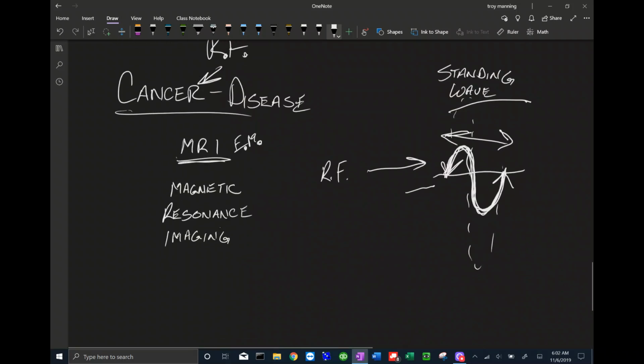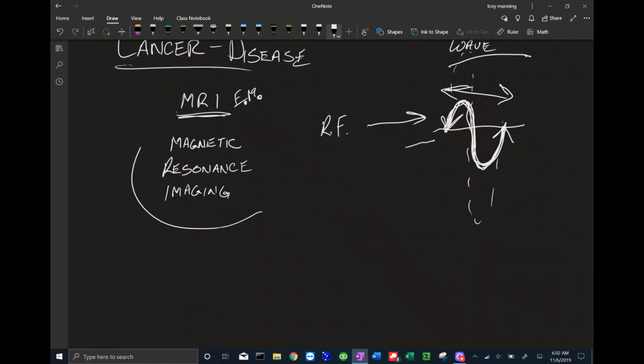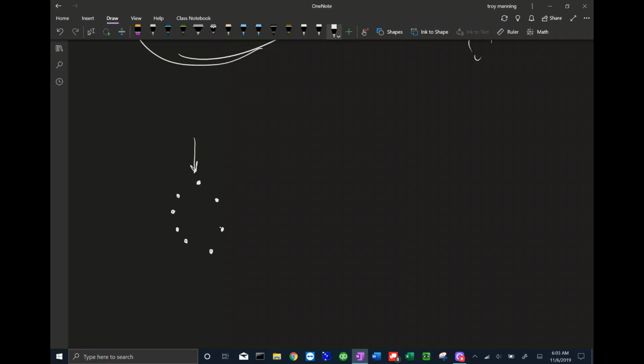But if I know I can vaporize copper with a standing wave of RF, and I can take a picture of your body using magnetic resonance, right? Why is it that I can pick out every little cell in your body that's made out of one particular thing? That's how they can image, basically do a cross section of your entire body, is they know what everything lights up as far as frequency goes.